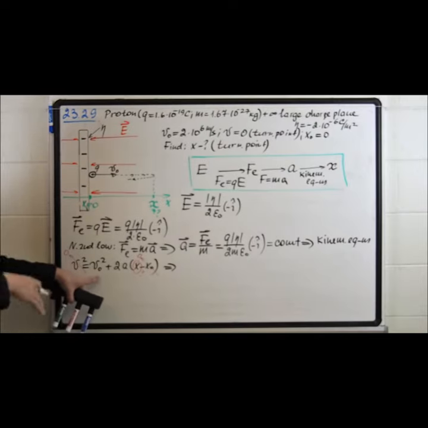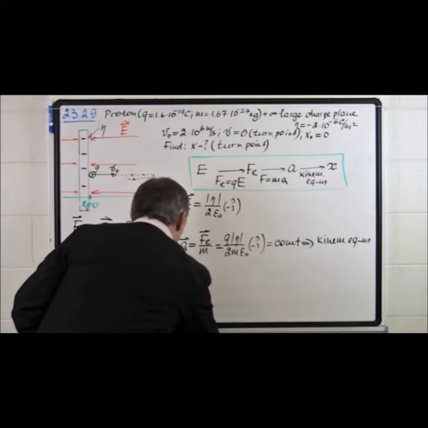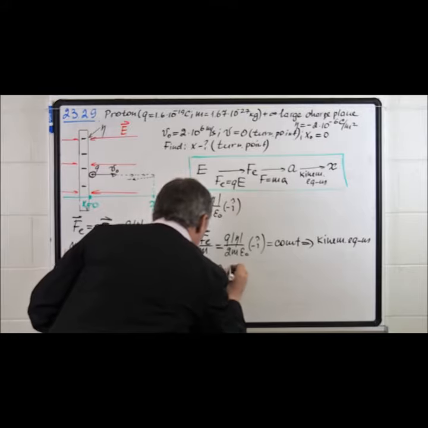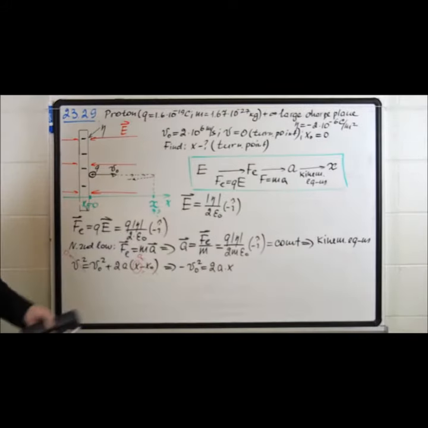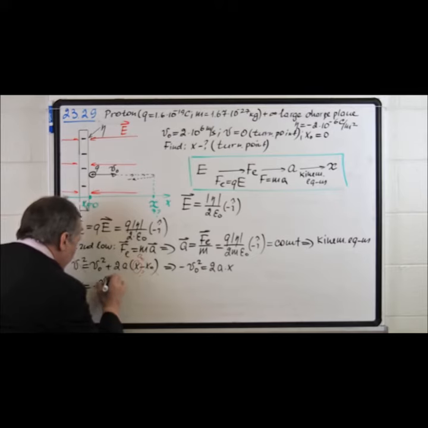First, I will move this term to this side in small steps. So minus v naught squared equals 2a times x. Okay, so we can solve it for x. So from here, x will be equal to minus v naught squared divided by 2a.